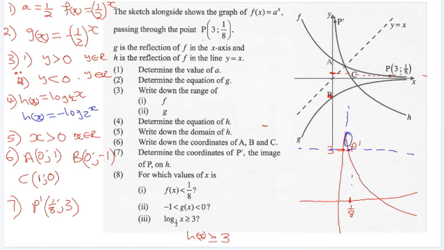So the inequality there is between 0 and that is our h of x. Sorry, it's supposed to be x. We're looking for the values of x. So it's 0, x, and 1 over 8.